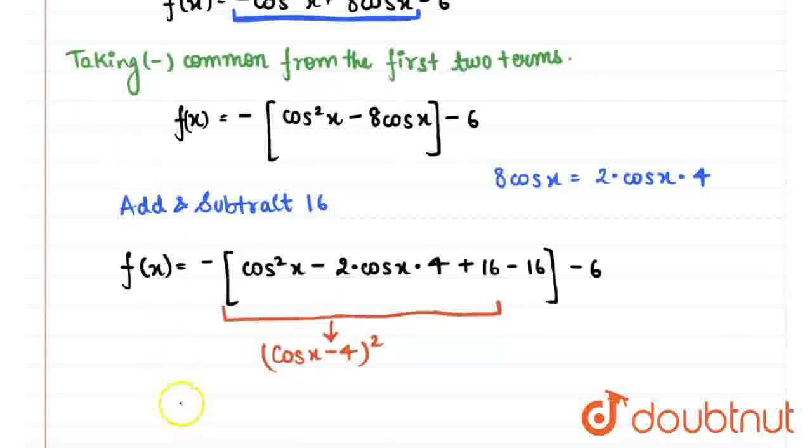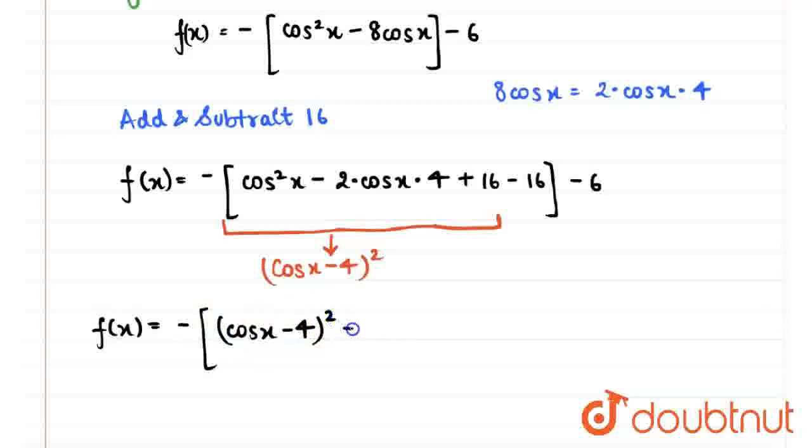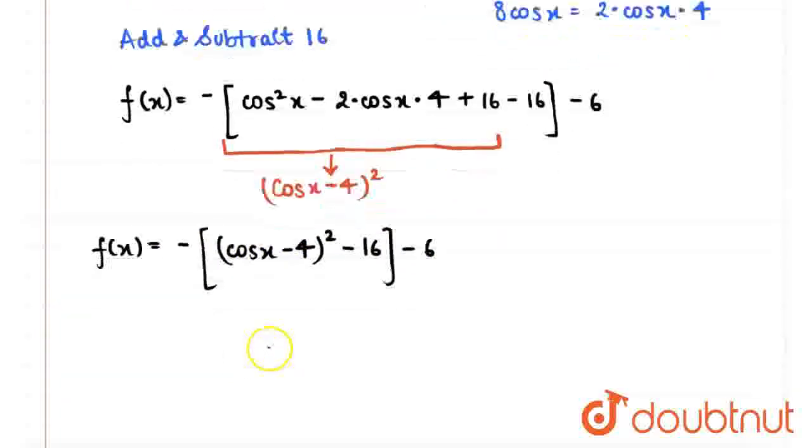So now we have f of x is equal to minus of cos x minus 4 whole square minus 16, minus 6. Now we'll distribute this minus sign in the bracket.